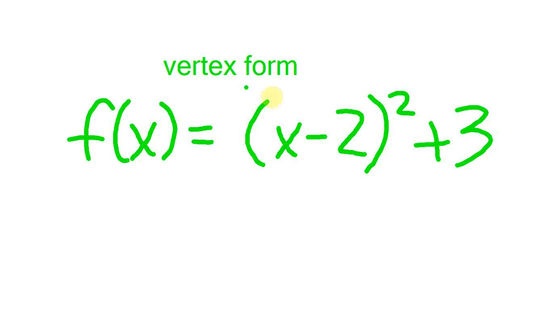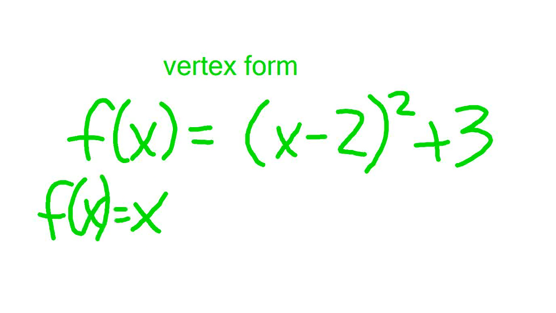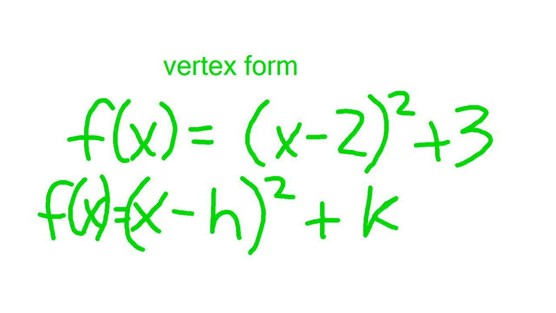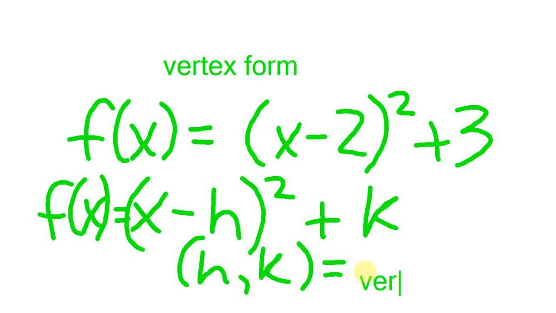Well, this function is in vertex form, and vertex form is the following: (x - h)² + k, where h and k equal your vertex.